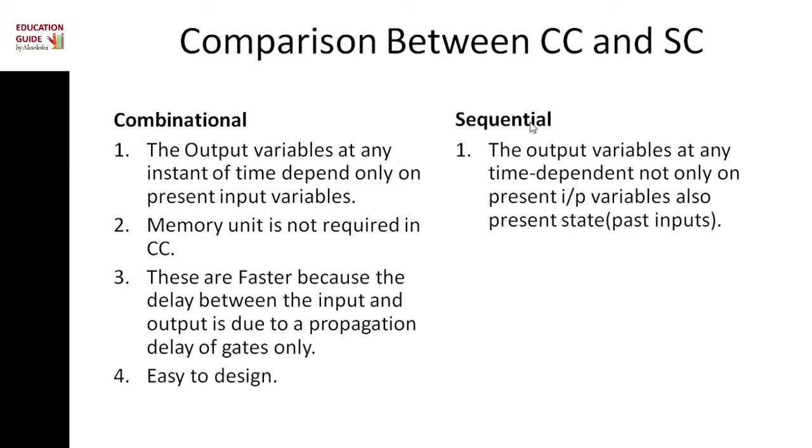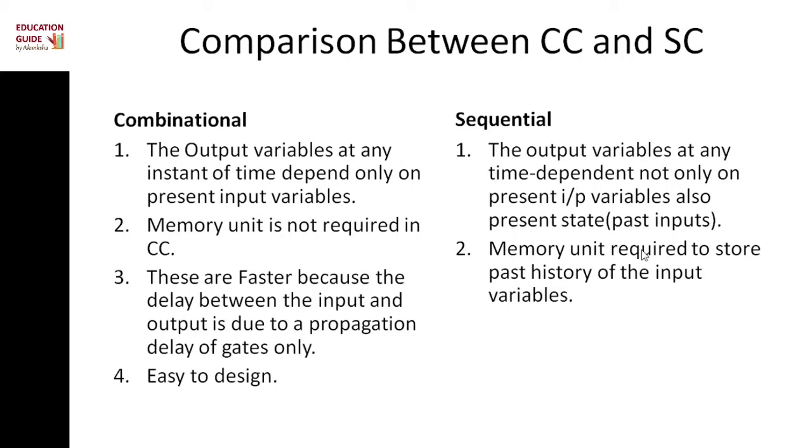In contrast, sequential circuits have output variables at any time dependent not only on present input variables, but also on present state. In combinational circuit, a memory unit is not required. In sequential circuits, a memory unit is required to store past history of input variables.